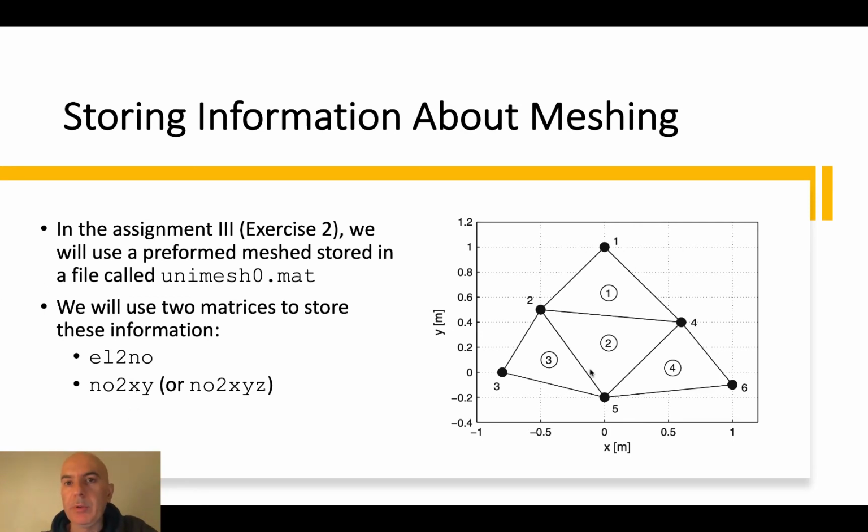The example that we're going to look at is the very same that we saw in the previous lecture. So we have a global indexing for the elements from 1 to 4. So we have 4 triangular elements, and then we have global indices for the nodes from 1 to 6.